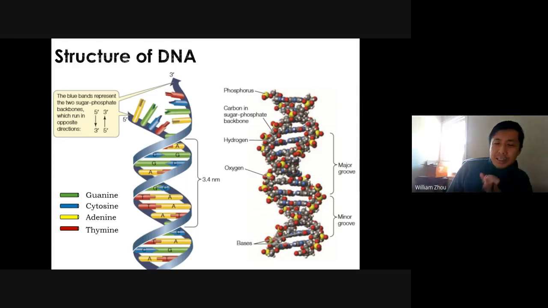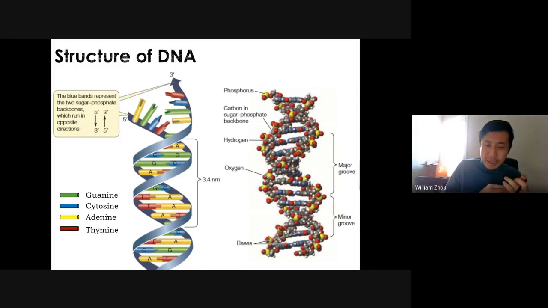You don't really need to know the names of these. Just know that they all start with different letters. G, C, A, T. That's what we refer to them by. Nobody wants to say their long names. So there are 4 different base pairs inside of DNA. They can come in different sequences, which literally spells out a message.